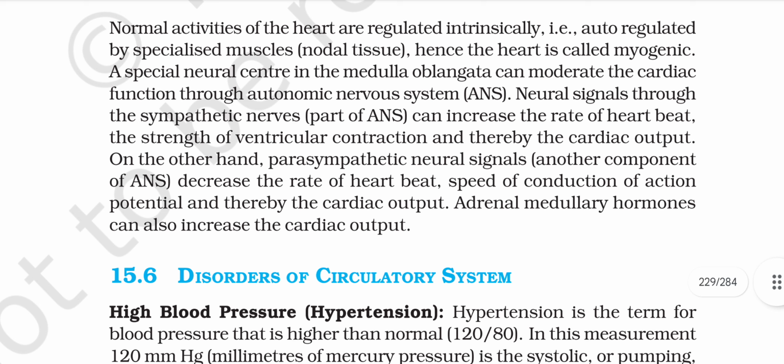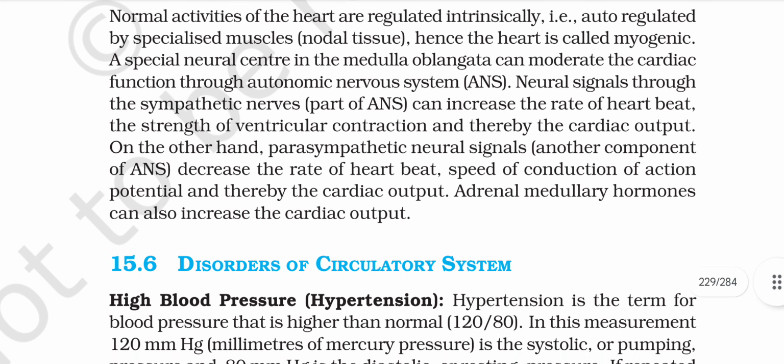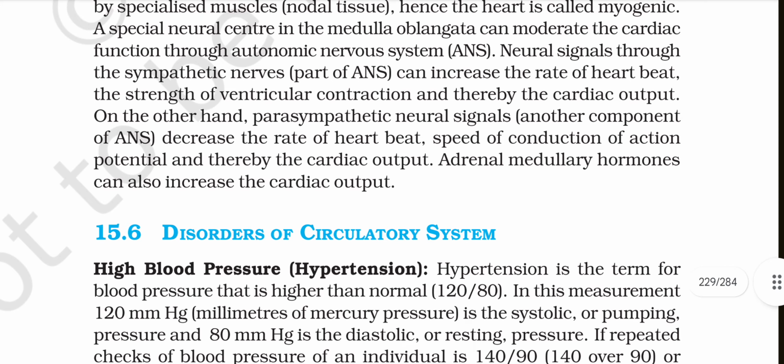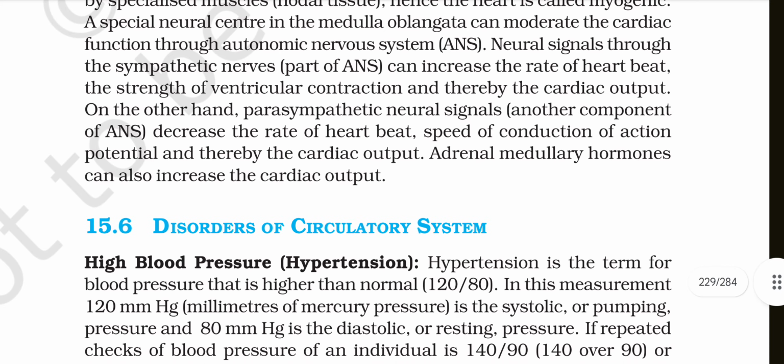A special neural center in the medulla oblongata can moderate the cardiac function through the autonomic nervous system, ANS. Neural signals through the sympathetic nerves can increase the rate of the heartbeat and the strength of ventricular contraction, and thereby the cardiac output.